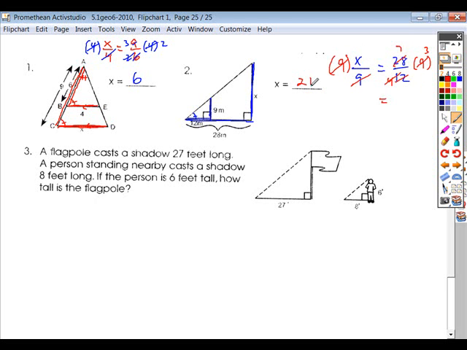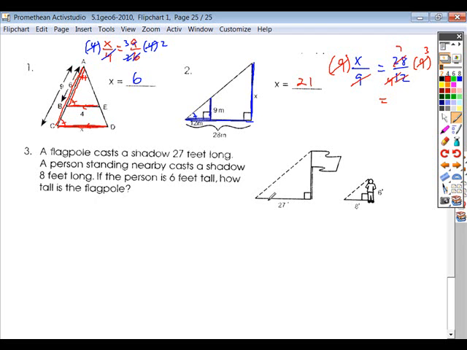All right. Finally, this is a type of problem that you will see again and again. And that is if you wanted to estimate the height of a flagpole, and you could actually do this by measuring your own height and the length of your shadow and then comparing that to the length of the shadow of the flagpole.